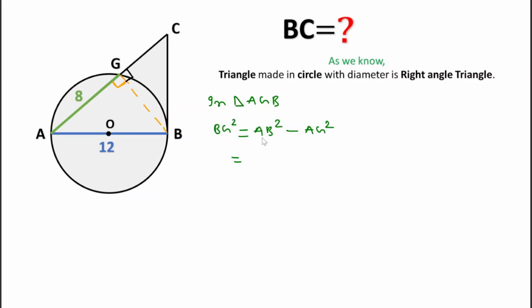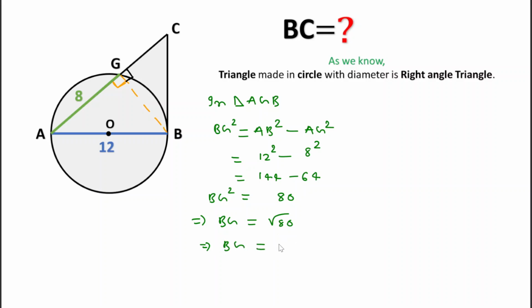We can write AB as 12, so 12 square minus AG, which is given as 8, so 8 square. 144 minus 64 is equal to 80. So we can write BG equal to under root 80. 80 can be written as 16 into 5. That is, BG equals 4 root 5 units.